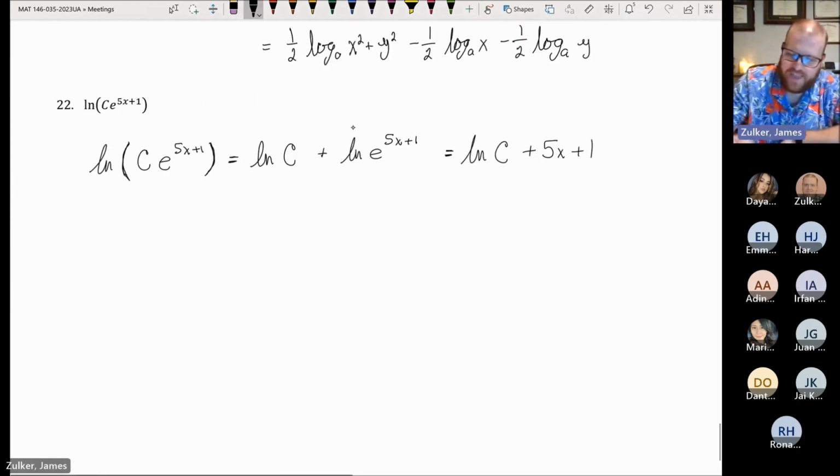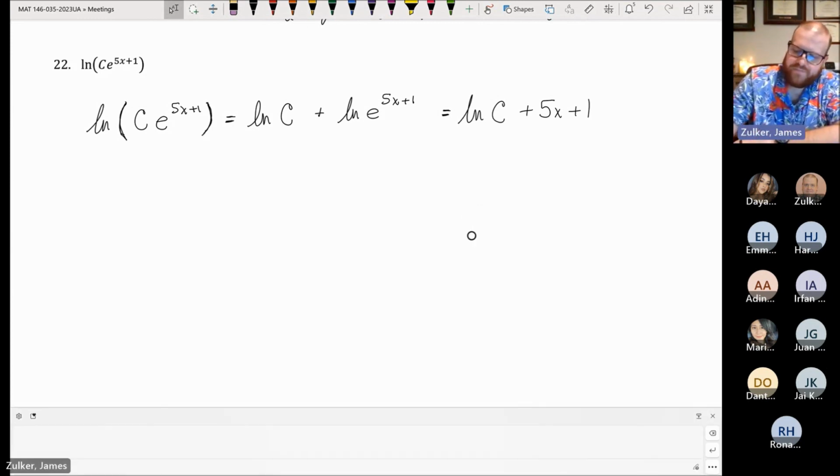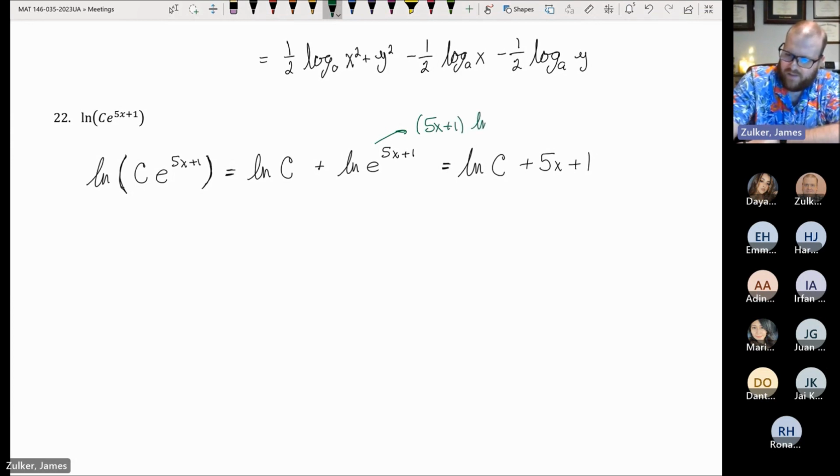So the whole thing simplifies to 5x plus 1. Right, because the other way you could do it is what you originally did, and write it like that. But then this term here is just 1. And so you're left with 5x plus 1. Right, both ways are valid.